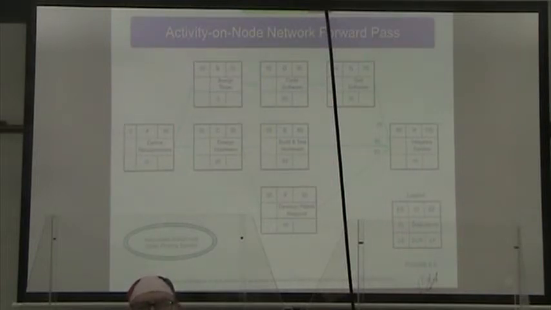We take that 0, add our duration of 10 to get 10. That 10 is then carried to B and C as their early start times. For B, it's 10 plus 5, which gives us 15 for our early finish time.